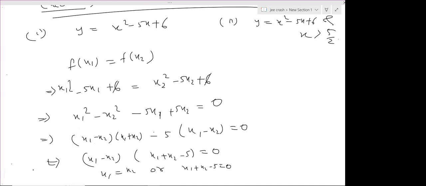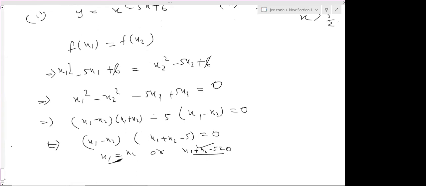If you get more than one option, other than x1 equals x2, then this is not 1-1. 1-1 means every x is related to only one element of y. But here x1 equals x2 is fine, but there is another element also related to y. So this is not 1-1. Is this method clear, everyone?